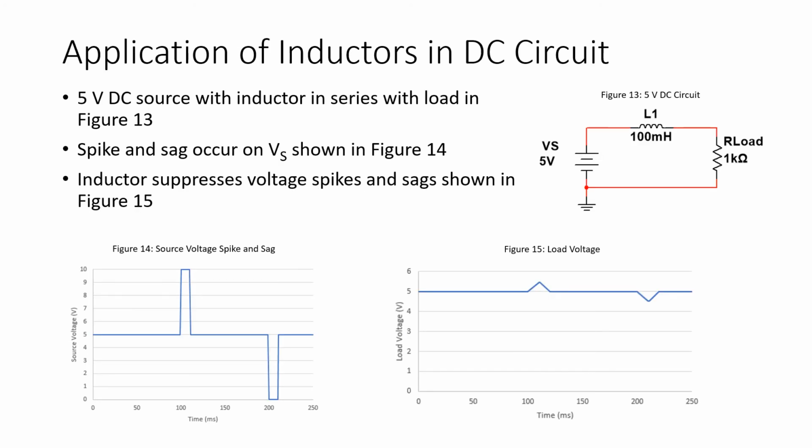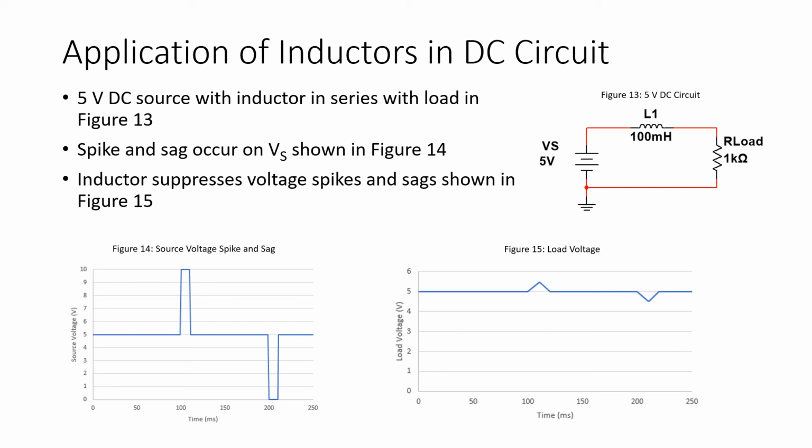Now let's look at an application of inductors in DC circuits. Referring to the circuit of figure 13, we see a 5 volt DC source and a 100 millihenry inductor connected in series with a 1 k ohm load resistor.